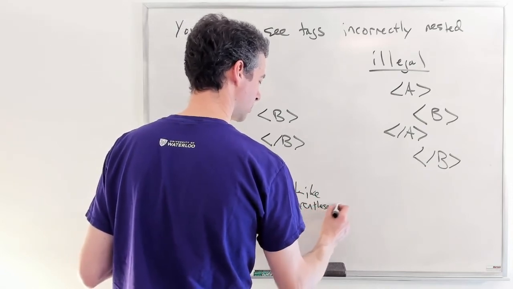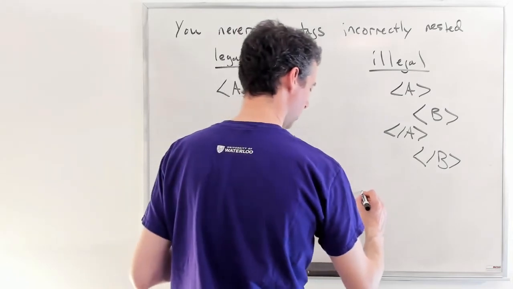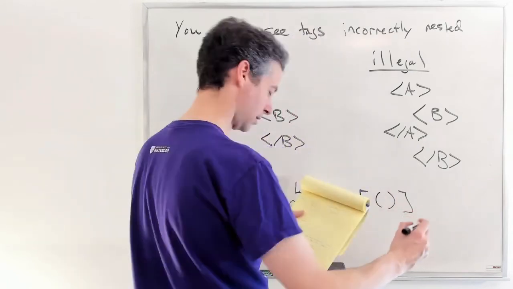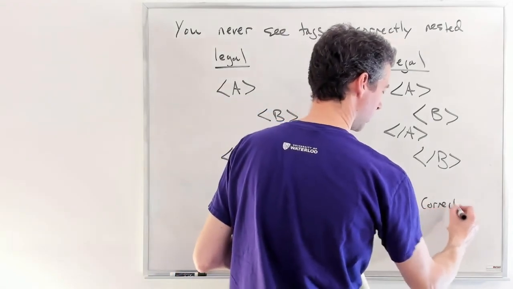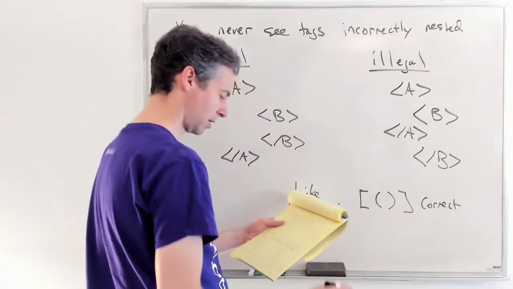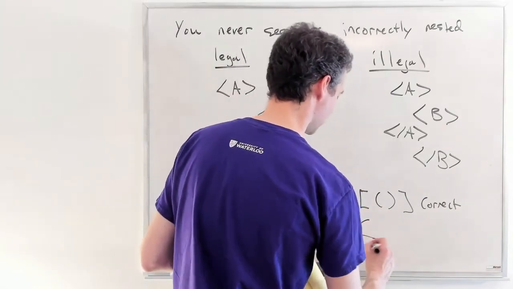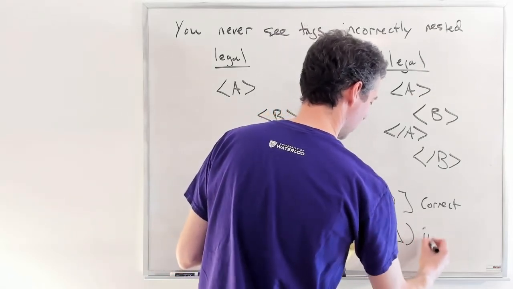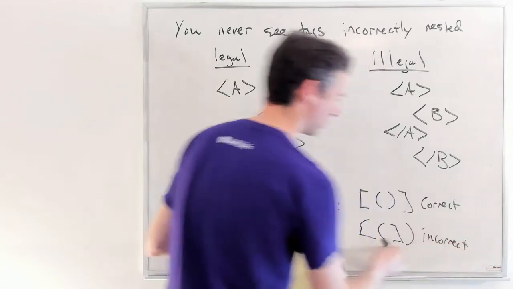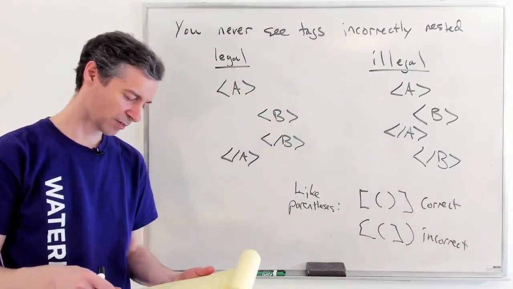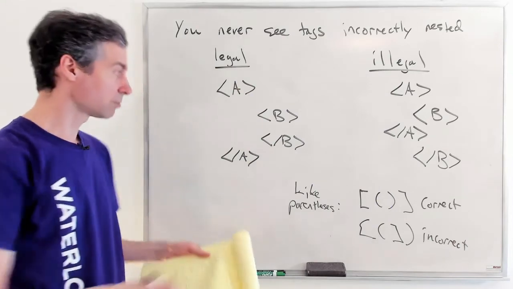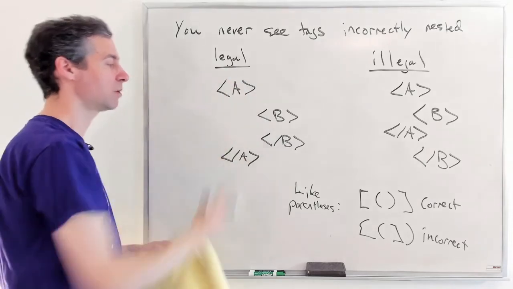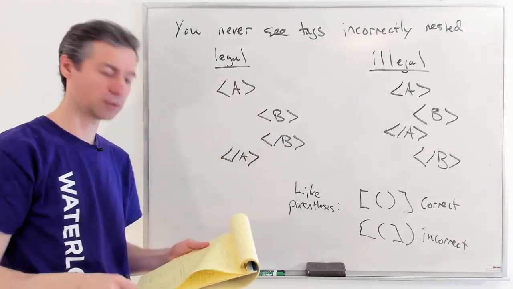If we had square brackets and then parentheses and square brackets, this is the way that we correctly nest them, so they close inside of each other. We don't have an incorrect setup as follows. The nice thing is that once you read an opening tag, if you want to grab everything in between, you can just read until you hit the end tag and take whatever is in the middle of that and process it.